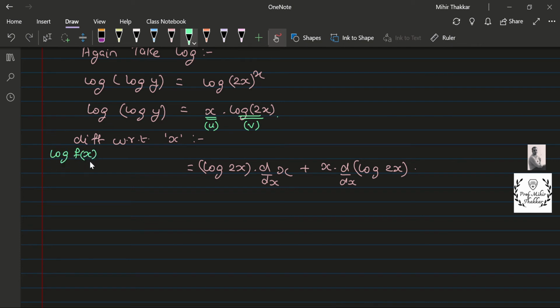This entire term, if I assume as fx, you know the answer. It is 1 upon fx into derivative of fx. So I'm sure you can guess the answer. It is 1 upon log y into derivative of log y, which is 1 upon y.